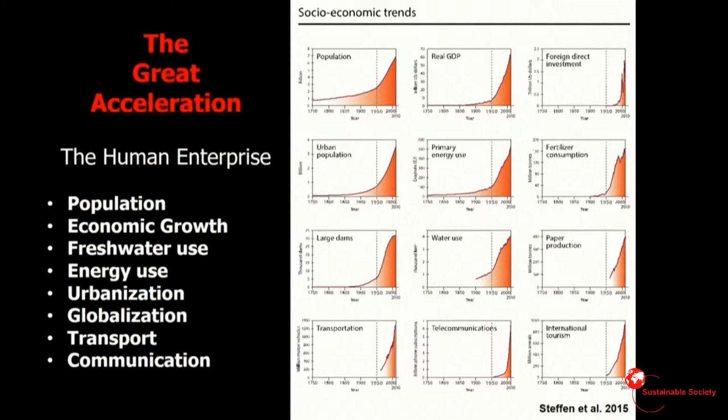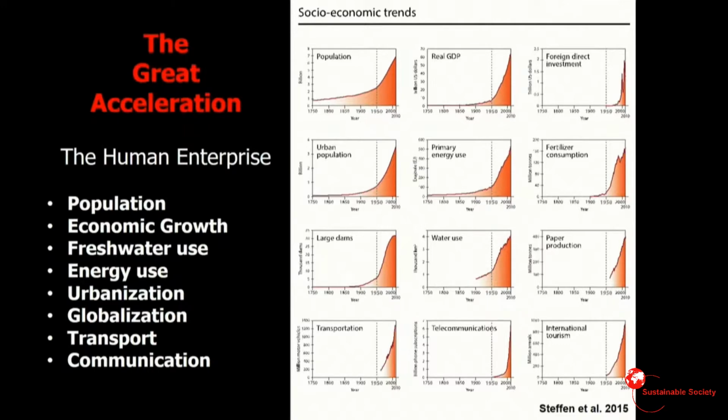So here you see 12 little graphs of what we call the human enterprise. So it's things that humans do. It's population, it's economy, it's resource use, it's communication, and so on. And each of those little graphs goes from the year 1750, just before the Industrial Revolution, to the year 2000 originally. These ones I'm showing you have now been extended to 2010.